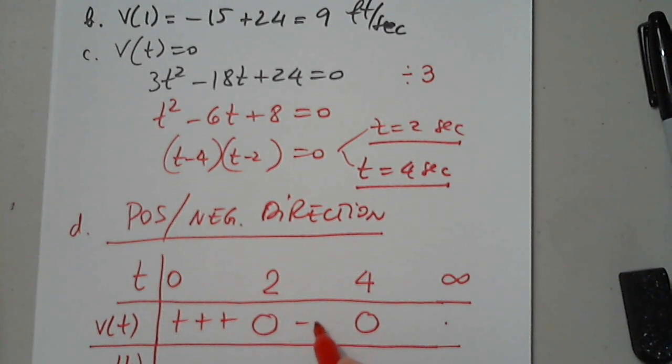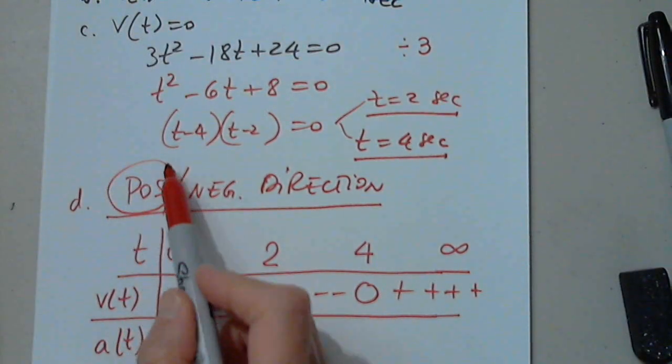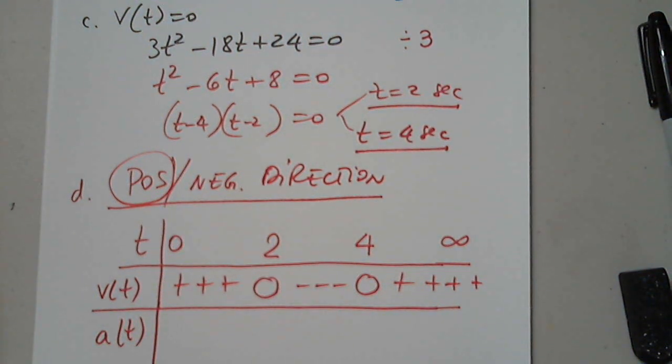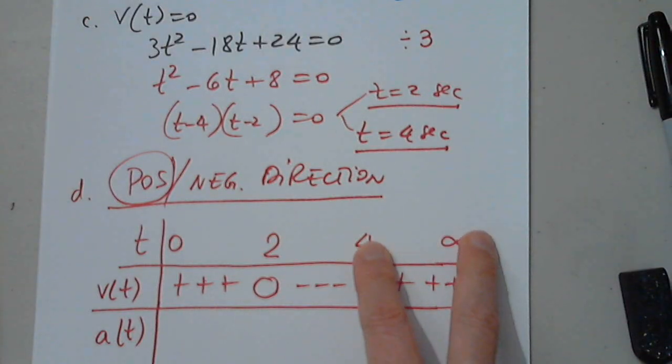Positive, negative, positive. So can anyone tell us when is the particle going in the positive direction? Between 0 and 2 seconds, and also between 4 and infinity.